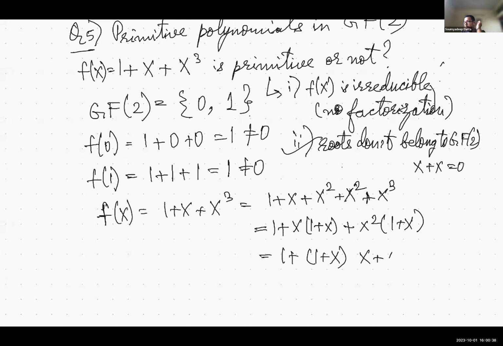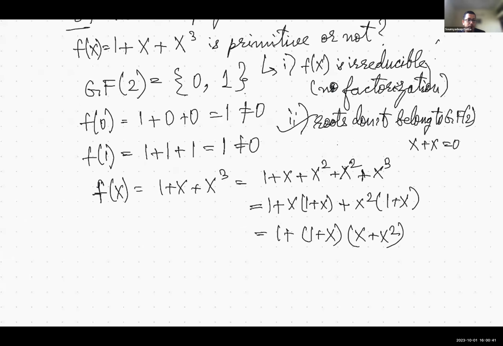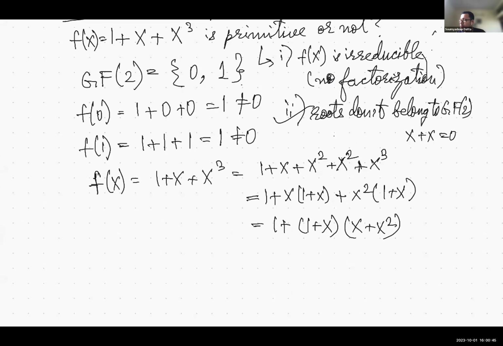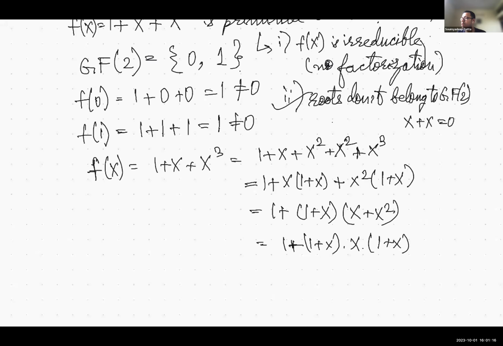This is not really factorizing. You can take 1 plus x dot 1 plus x, and you can try all kinds of juggling, but you will see that there is no factorization. I don't have something like f of x equal to some f1 of x times f2 of x. I'm not able to separate into factors. So you can try these kinds of things and say that f of x is irreducible.